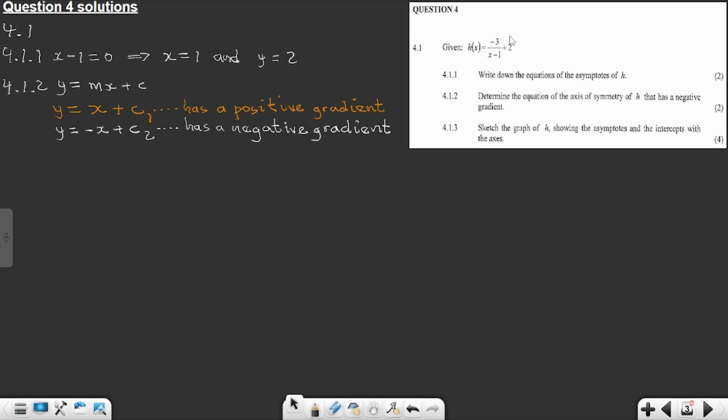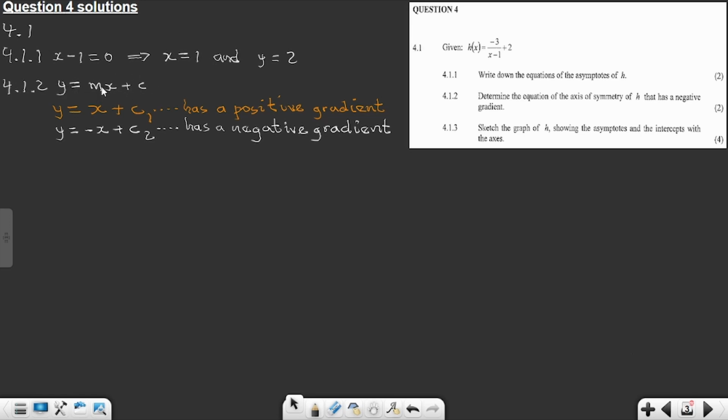So this is a hyperbola, the equation that we are given. The axis of symmetry will have a gradient of -1 or +1. And you know the axis of symmetry is a line or a linear function, so this is why it is of this form: y is equal to mx plus c.